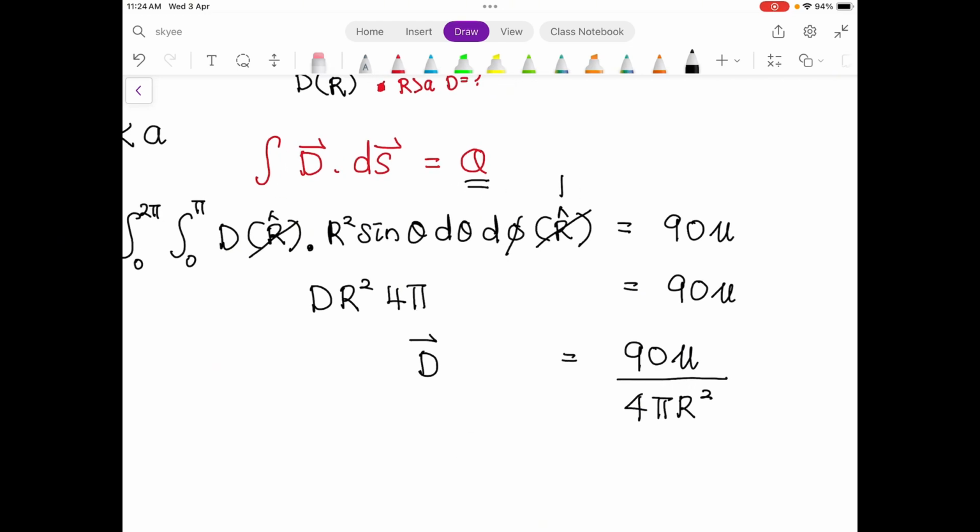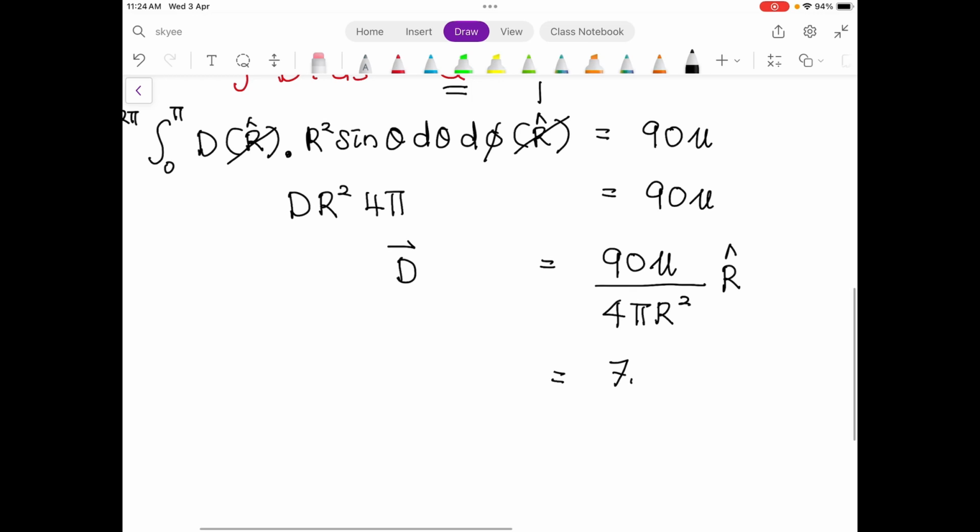If you want to include the direction, it would be in the r direction. So you get 7.16 over r squared, in the r direction. The unit of the electric flux density D is microcoulombs per meter squared.